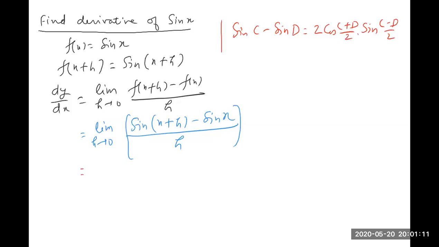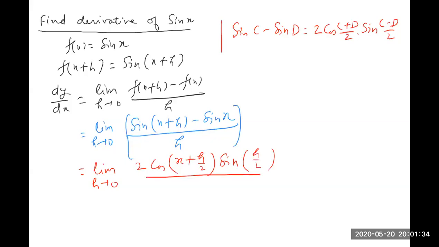So this is equal to limit h tends to 0, 2 cos of (2x plus h) by 2, which is (x plus h by 2), into sin of (C minus D)/2. So x will cancel, leaving h by 2 upon h.